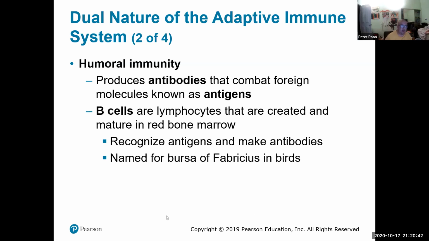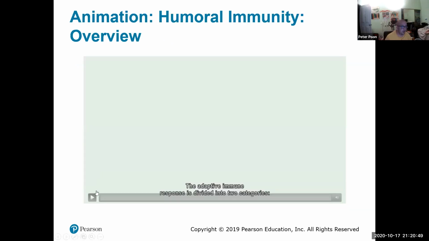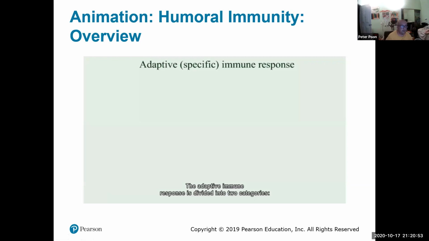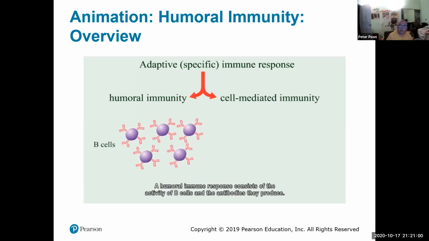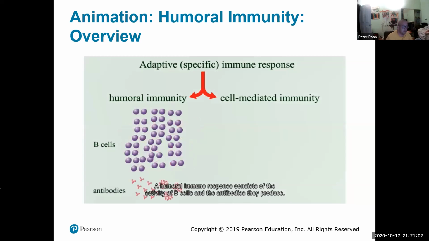They're named for the bursa of Fabricius in birds where they were first discovered, but that's not really that relevant. The adaptive immune response is divided into two categories, humoral immunity and cell-mediated immunity. A humoral immune response consists of the activity of B cells and the antibodies they produce.